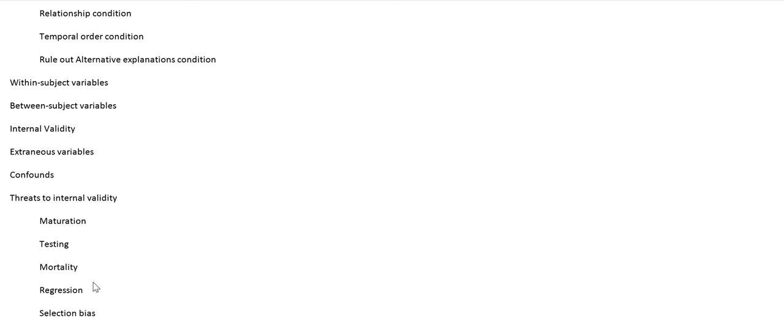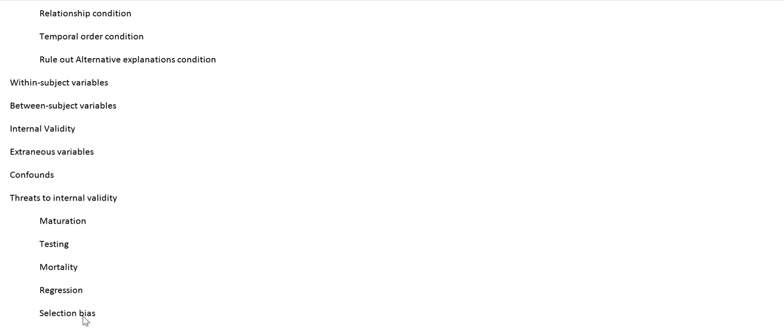So these things can occur in an experiment with random assignment to conditions, but in that case it's usually because either random assignment was done poorly or just by chance it didn't work out very well, so that there were pre-existing differences between the groups when in fact there shouldn't have been, or if people are treated differently in the two conditions.